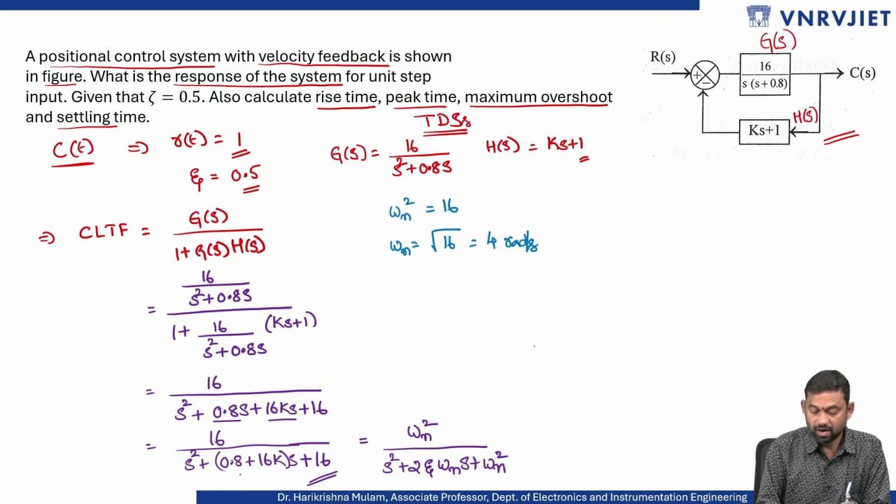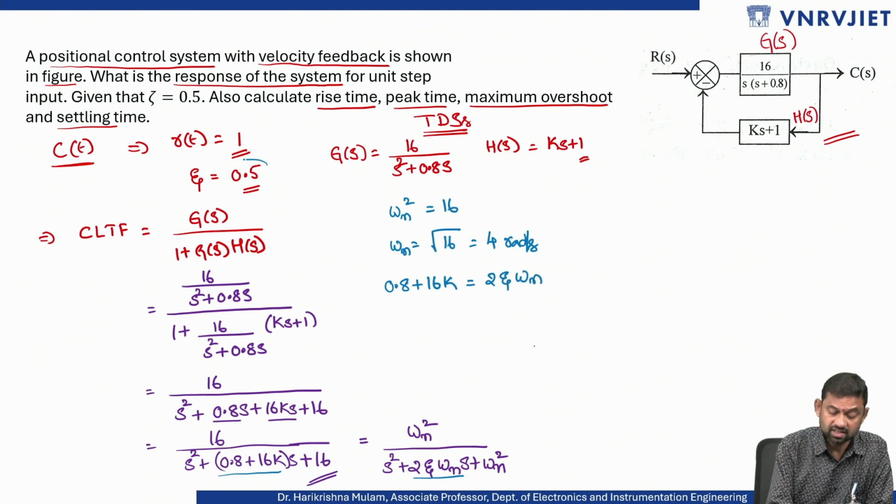Then if you compare the coefficient of S with the coefficient of S here, 0.8 plus 16K is equal to 2 zeta omega n. And it is said that the zeta value is 0.5 for the system. Therefore, 2 into zeta is 0.5 and omega n is 4 radians per second.